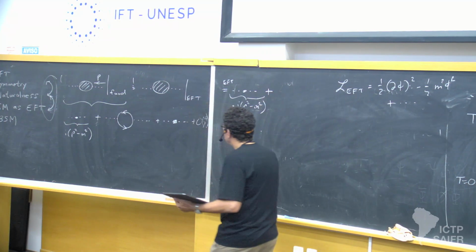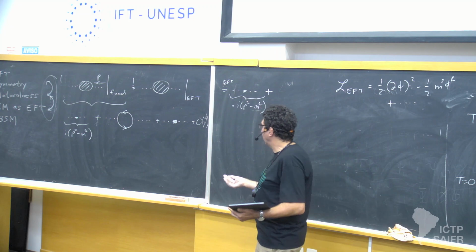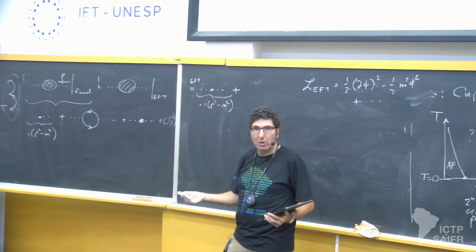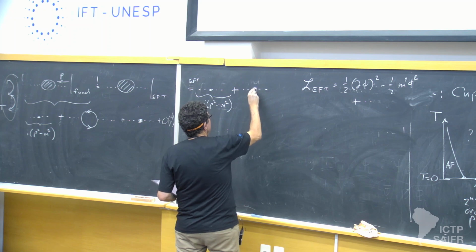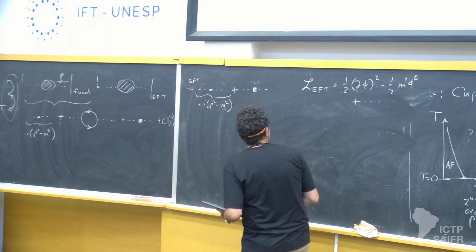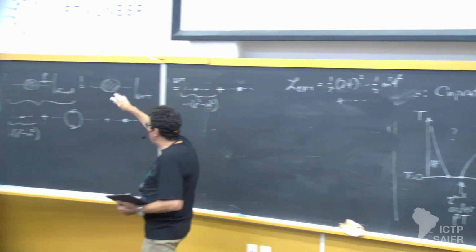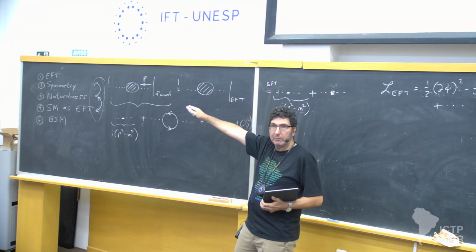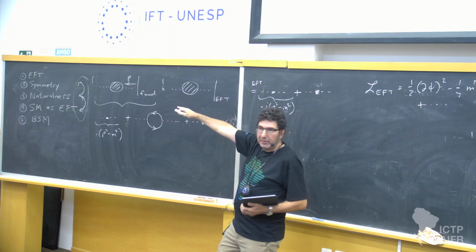And then I don't have anything else, right? There are no other diagrams I can draw here, except that I can draw a counter term, okay? There's going to be some kind of a counter term in the EFT whose purpose is to match the fundamental theory. Remember, that's renormalization as EFT.